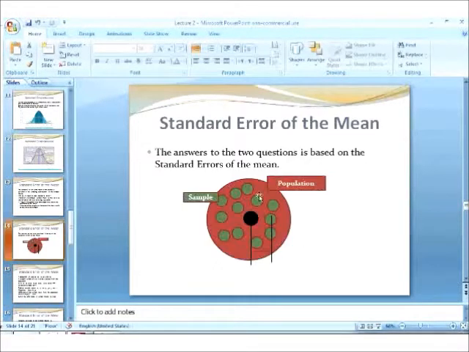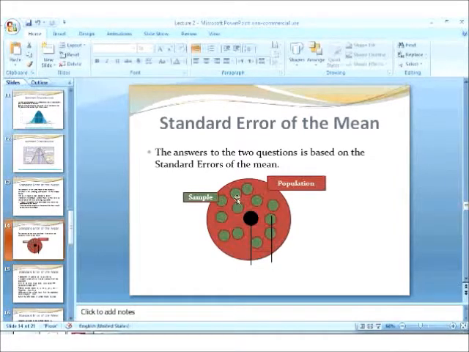This whole population is the population of 5 people whose ages I know, and out of that I have 25 small samples, each consisting of 2 numbers. Are we clear up to this point? This is the population of 5 people of 5 different ages.